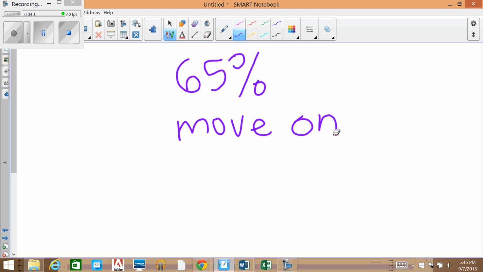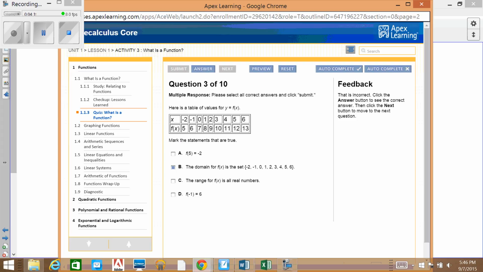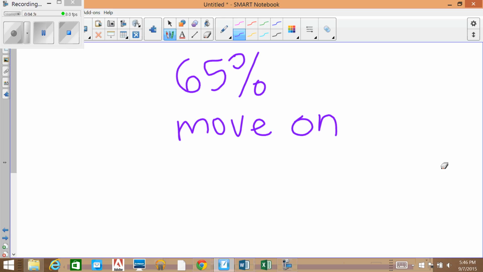And that's what I was talking about earlier when I said when you open this up, you will not see all of these. The reason you won't see these is because you've got to take this quiz and get above 65% on it in order for the next section to open up. So 65% on a 20-point quiz means you have to get a 13 or higher.